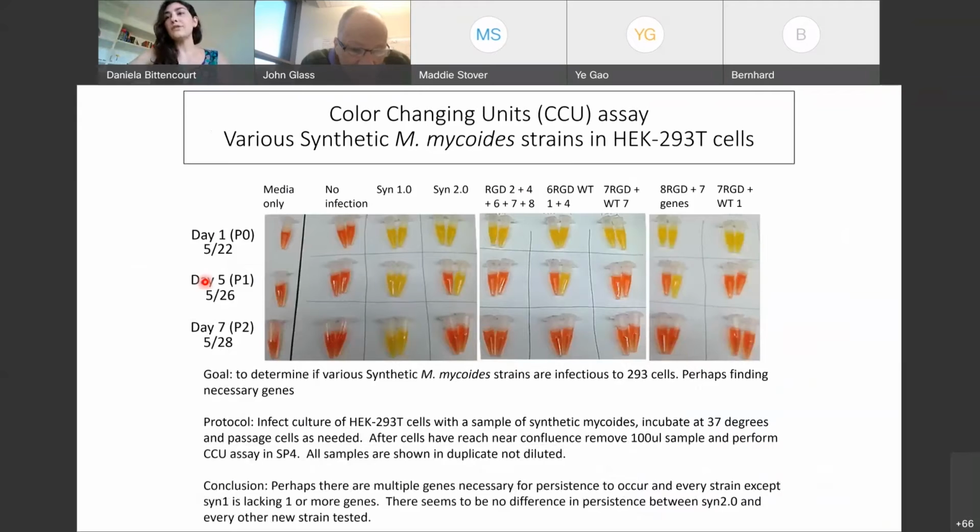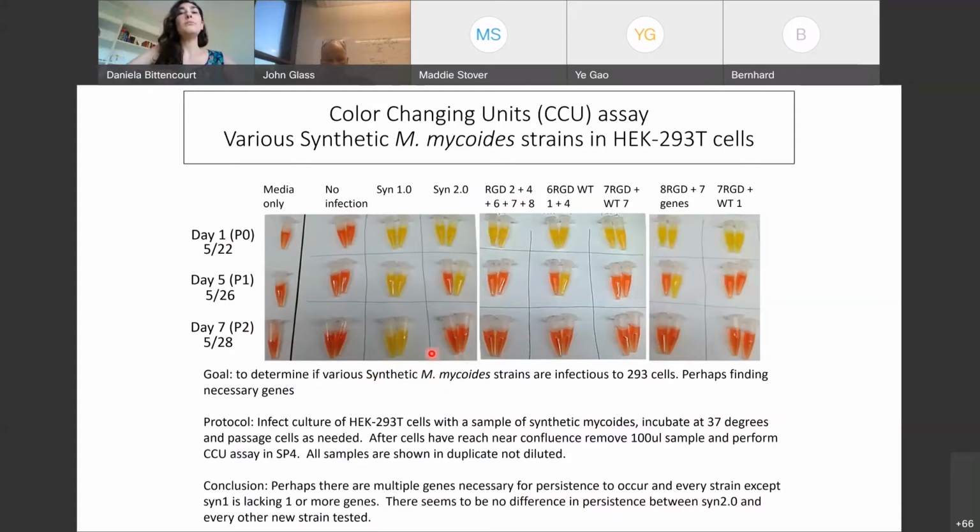Here, just so you have an idea of how we checked for cell growth: first, we put the synthetic cell together with the mammalian cells and cultivated them for a period of up to 15 days. Here we just have samples taken up to 7 days. We then took a sample from the supernatant of the culture bottle and added it to SP4 media, which is specific for Mycoplasma growth.